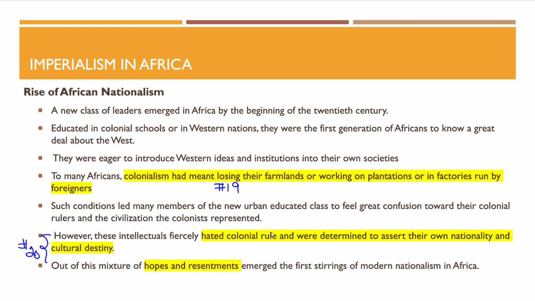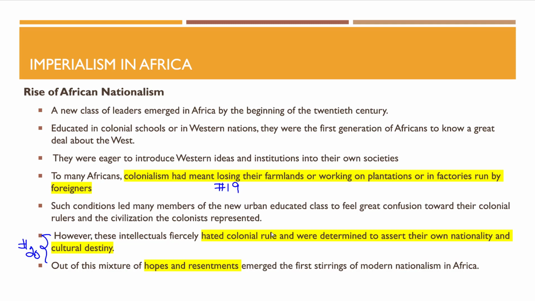So now they're educated, right? And they're confused as to how these colonial rulers are coming in and taking over their lands, and trying to quote unquote civilize their area, right?